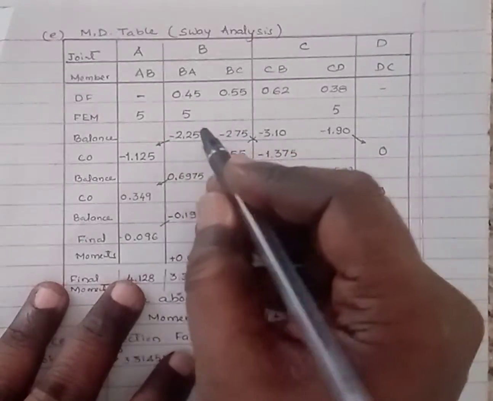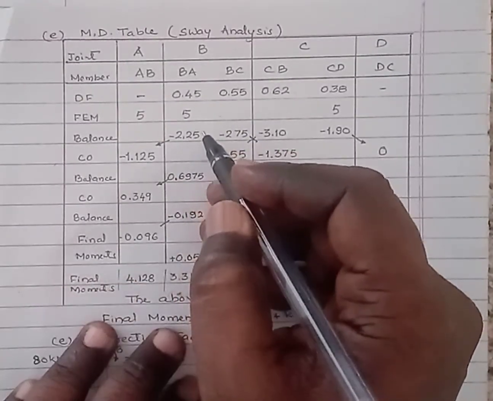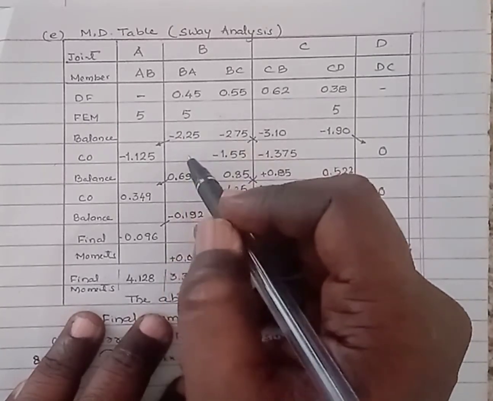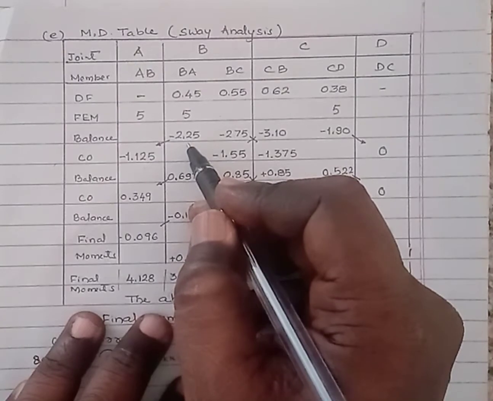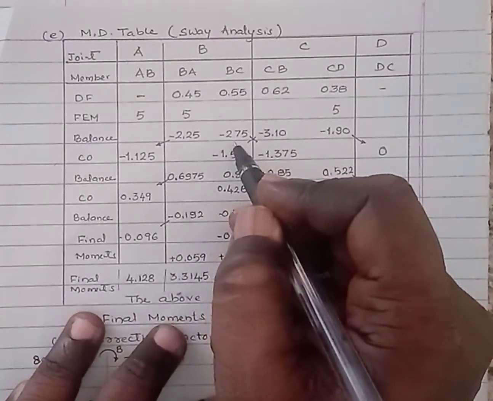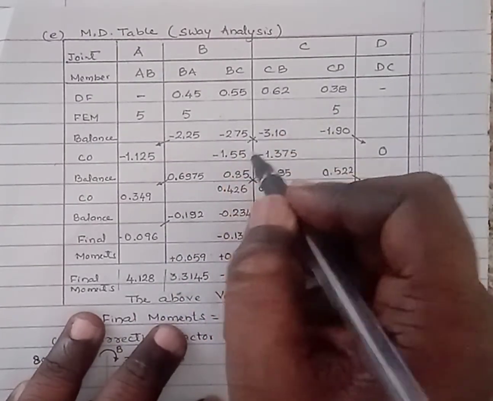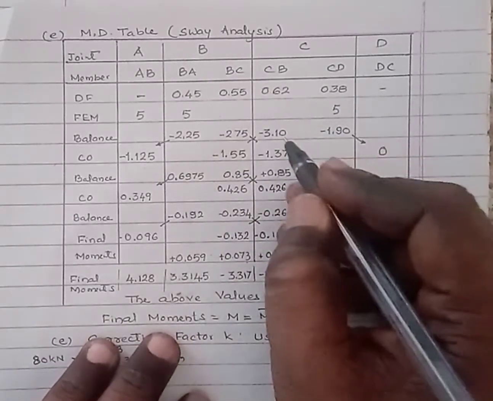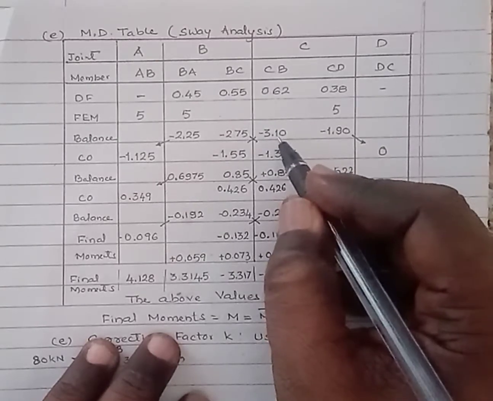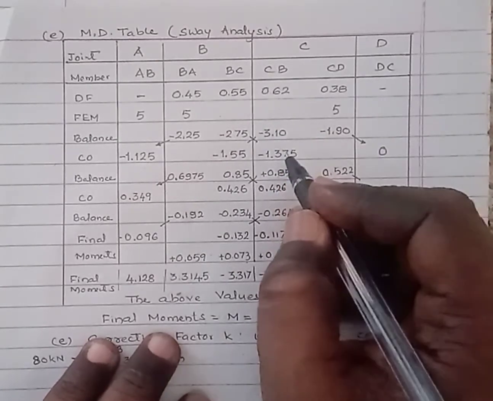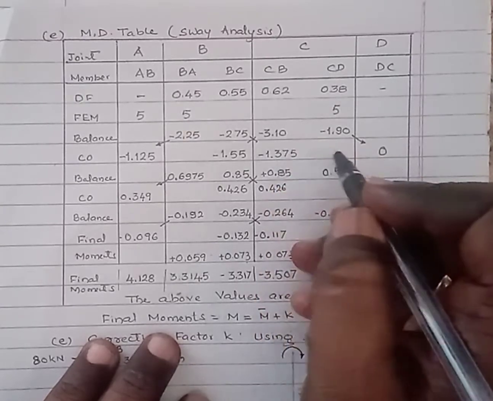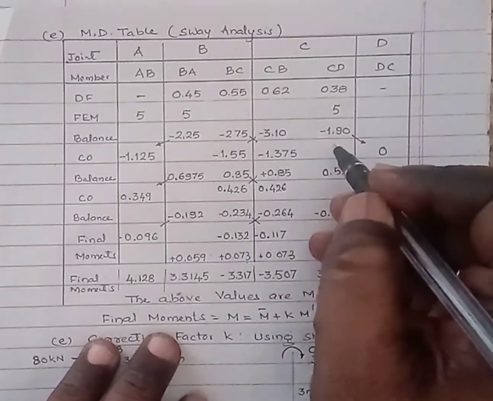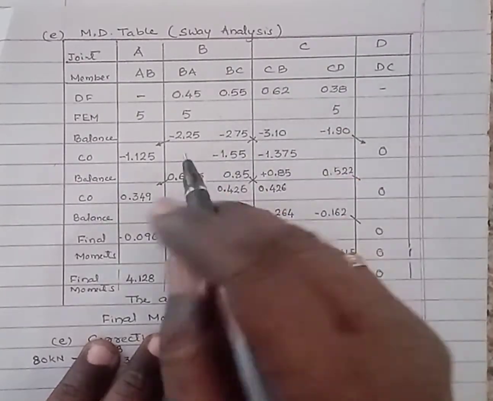Now at joint B, there is an unbalanced moment of 5, then we have to balance it by adding minus 5 into 0.45, that is minus 2.25, and minus 2.75 for BC. Then again at joint C there is an unbalanced moment of plus 5. We have to balance this by adding minus 5 into 0.62, that is minus 3.1 for CB, minus 5 into 0.38, that is minus 1.9 for CD.